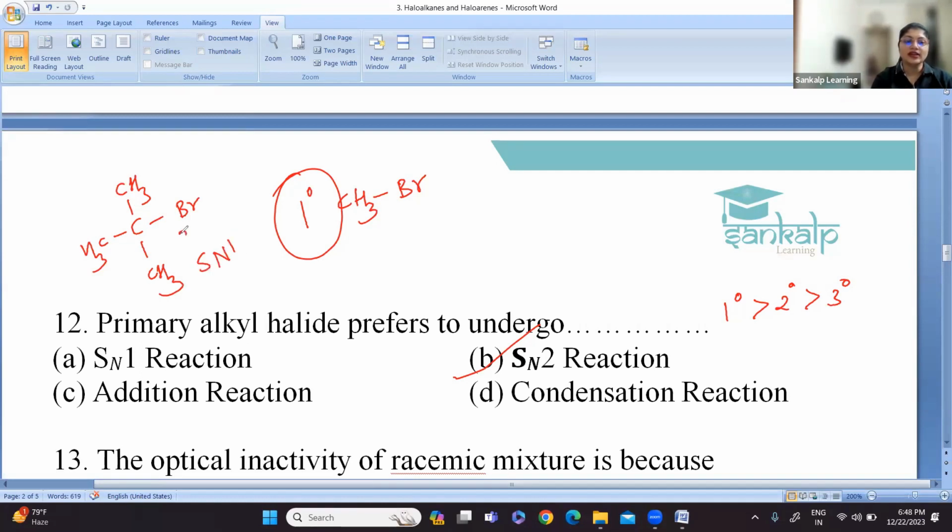Okay, so tertiary alkyl halides are more stable than secondary and then primary in case of the SN1 mechanism. And whenever you have primary alkyl halides, they will undergo the SN2 mechanism. So which is the correct answer? It is option B.